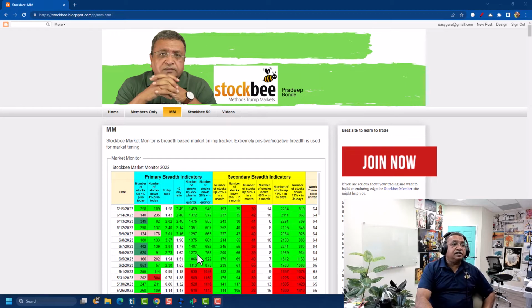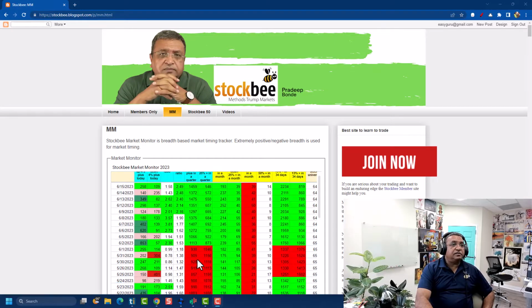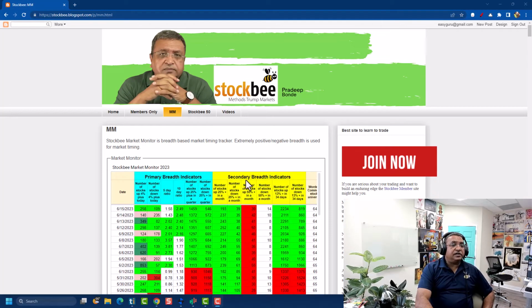So when you see this is positive, breakouts will have very good momentum, or very good follow through. And these are all secondary indicators. They give you some more understanding.